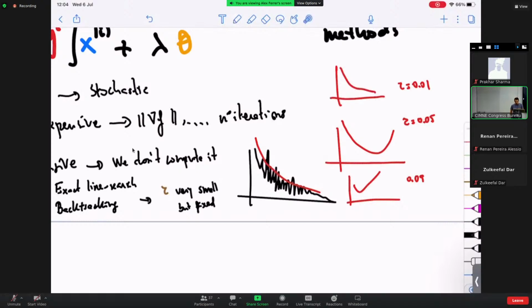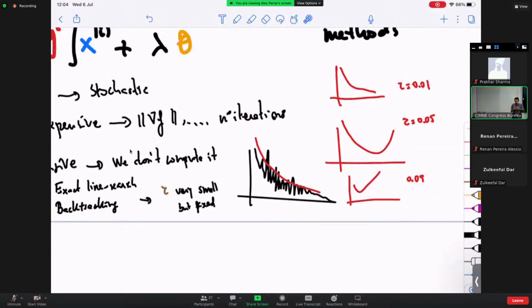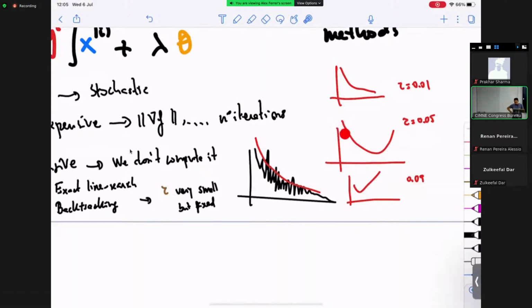If you start with this, it is okay here, but then this is because of the curvature of the function. The tau that you needed here was in fact 0.01. This is what you needed in this part, but you use this one. It was a too large step. So it depends on the norm of the gradient also. It's better you use 0.01.